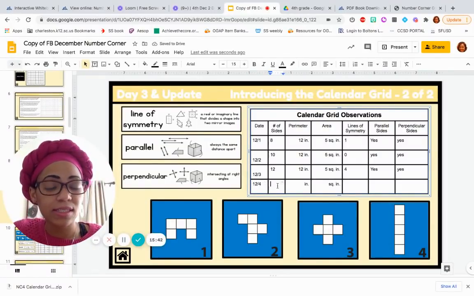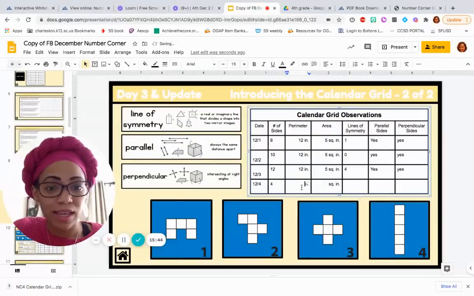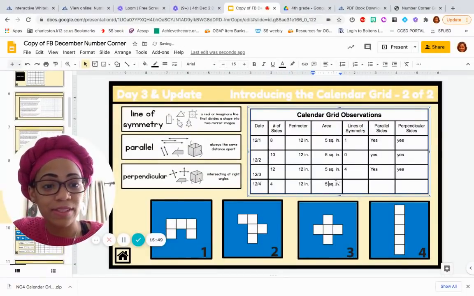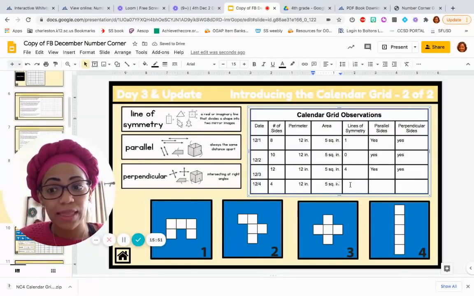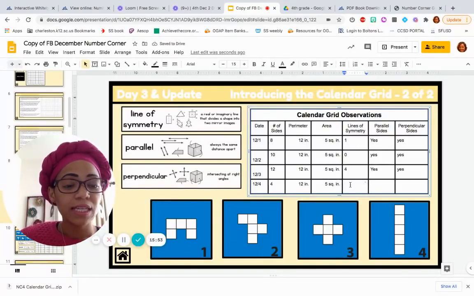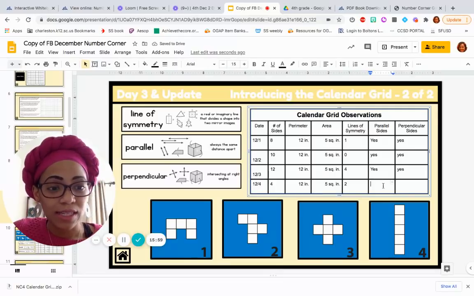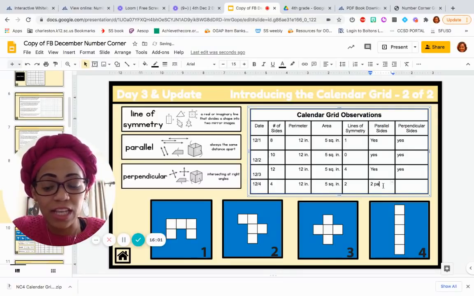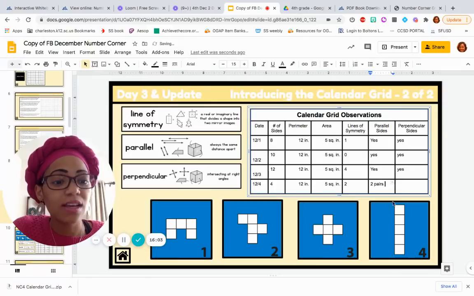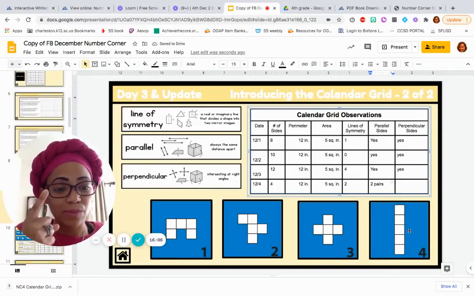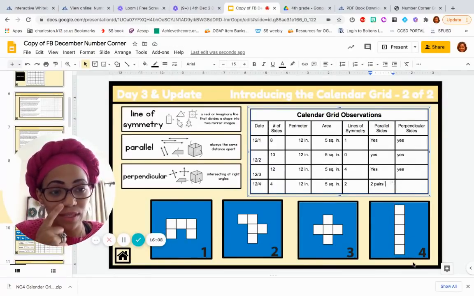Right, and let's look at the last one for today, which is December 4th. How many sides? 4 sides, and our perimeter is still 12. Our area is still 5 so far. We've had the same perimeter and the same area. How many lines of symmetry does this shape have? 2 lines of symmetry. Does it have parallel sides? Yes, it actually has 2 pairs of parallel sides. Vertical, so that's one pair, and then horizontal would be the second pair.